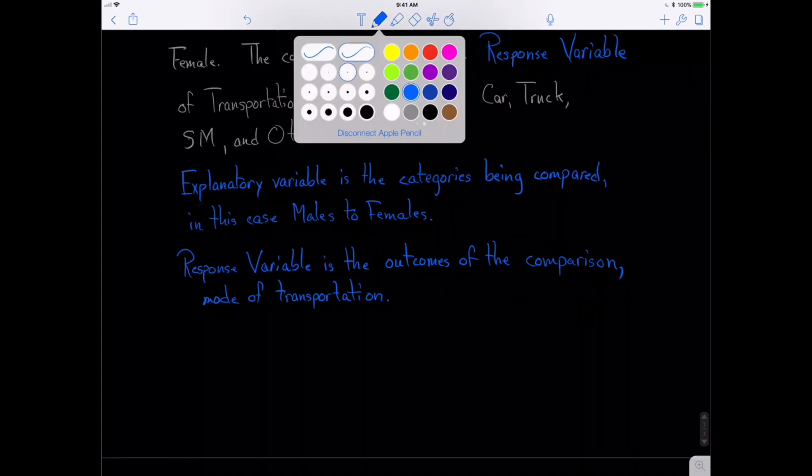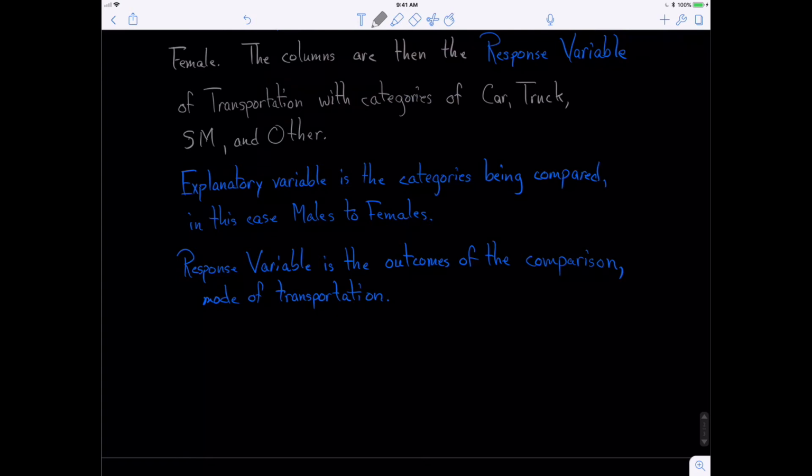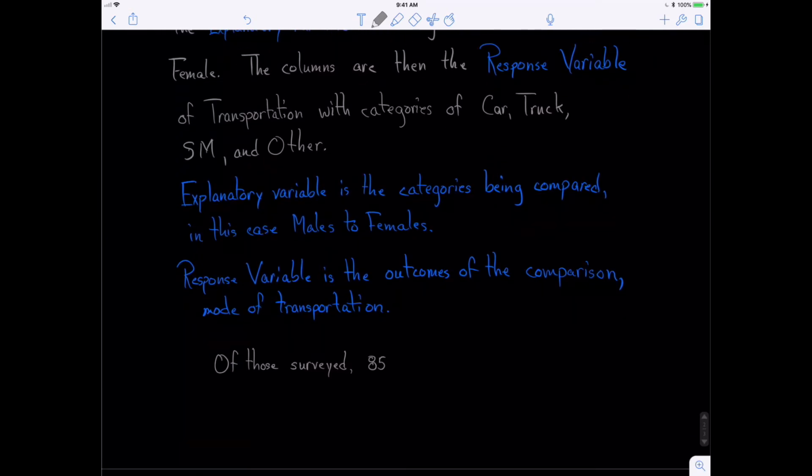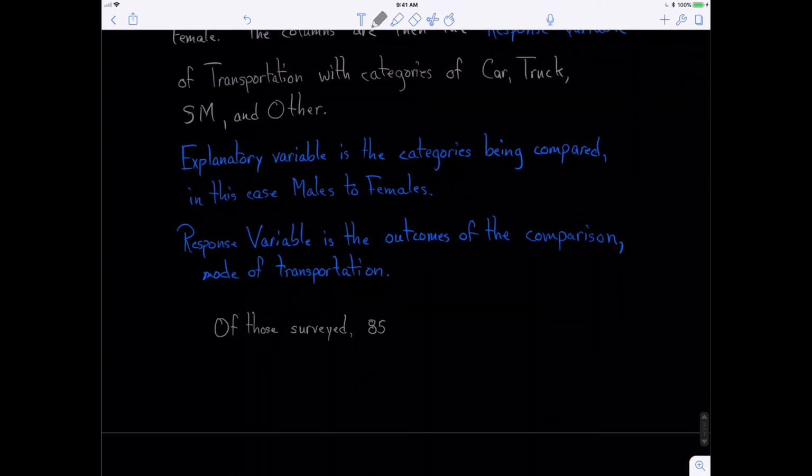And so we write this. Here's how the results of our survey would be. You would say, of those surveyed, 83.3, let's go check, yes, 83.3% of females drive a car.